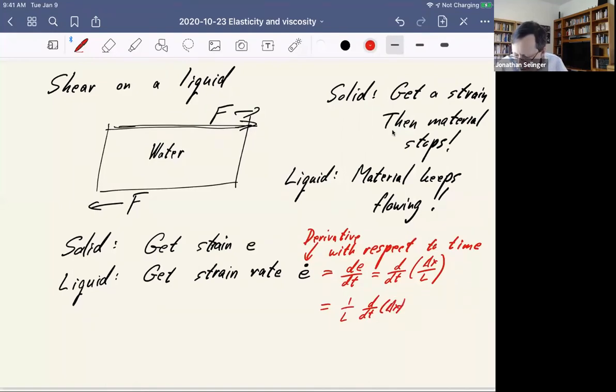But this time derivative is the velocity of the top surface. So this is a velocity divided by length.